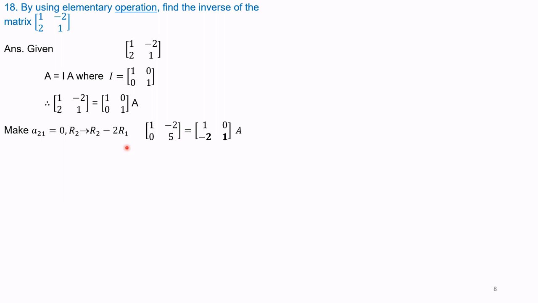Therefore, we get first row as it is, 1 -2; second row, 2 minus 2 into 1 is 0, and 1 minus 2 into -2, we get 5. On the right hand side we get [1 0; -2 1] into A.